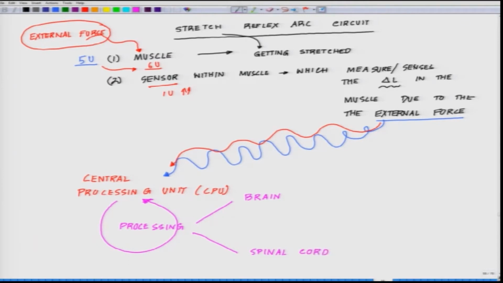Now this information is processed and it calibrates that there is a change in length, delta L, which in this case is say 1 unit.